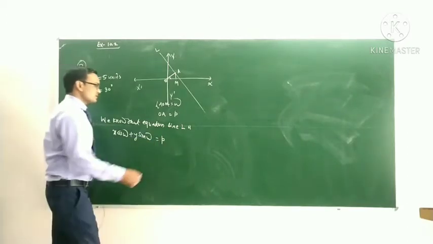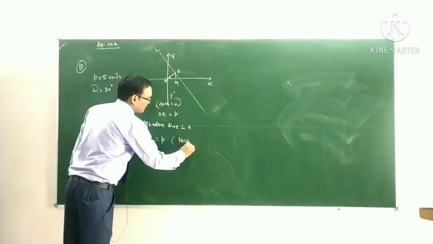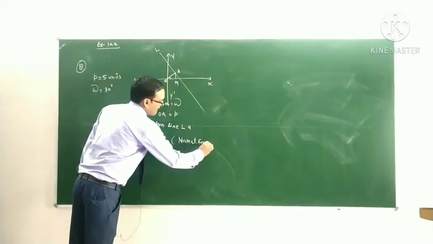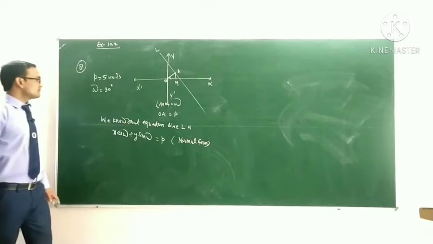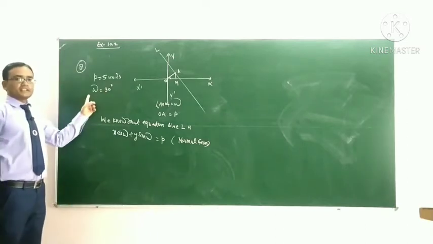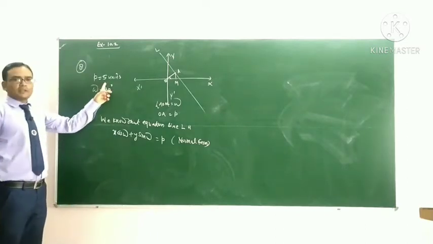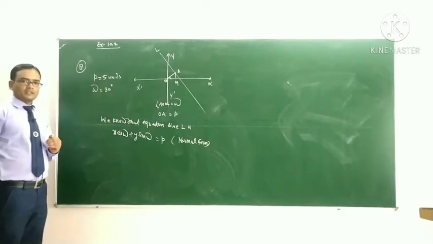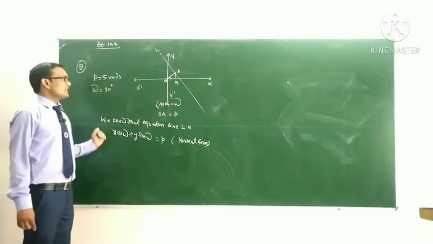Okay students, this is the normal form. Here omega equal to 30 degrees and p equal to 5 units, then we find the equation of the straight line L.